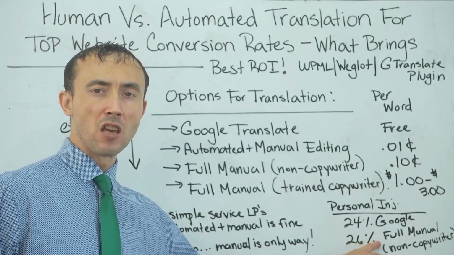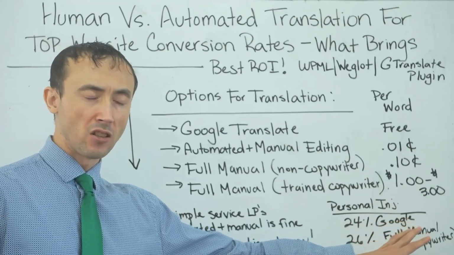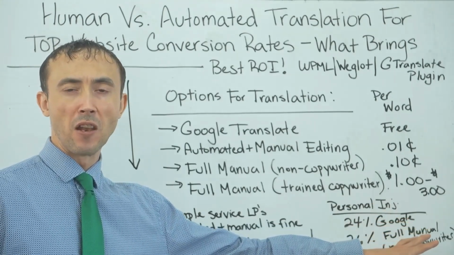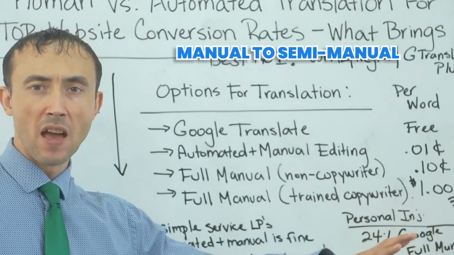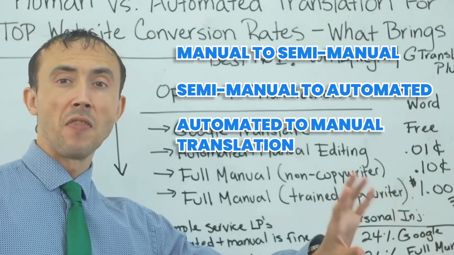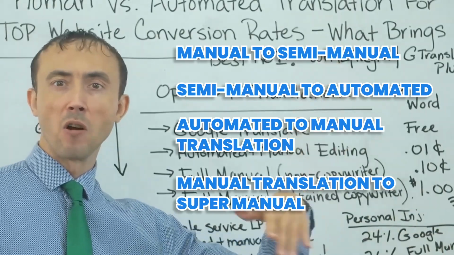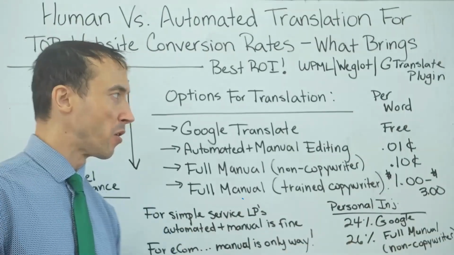If you watch to the end of the video, you'll see where we've upgraded the translation method that we used: manual to semi-manual to automated to manual translation, and then also manual translation to super manual, or if we used a high-end copywriter who speaks that language. What is the difference in profitability that we gained using one versus the other, and specifically in terms of conversion rates itself? I will go through that as well for you on today's video.